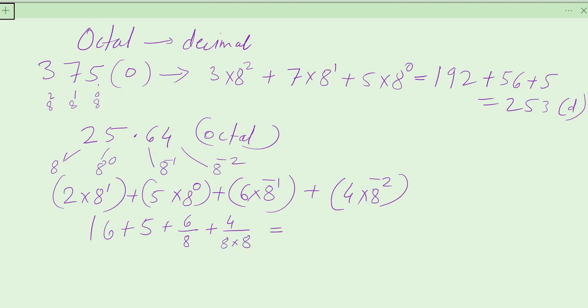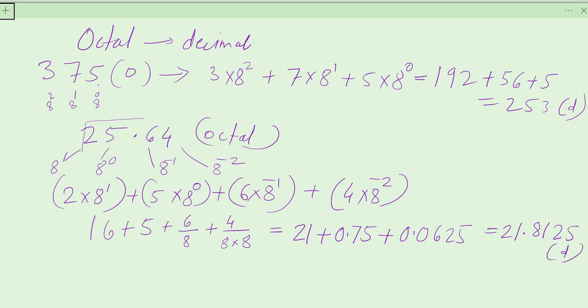So let's calculate this using a calculator. We get 16 plus 5, that is 21, plus 6 divided by 8 equal to 0.75, plus 4 divided by 64 equal to 0.0625, plus 0.75 plus 21 equal to, so the number becomes 21.8125 in decimal.